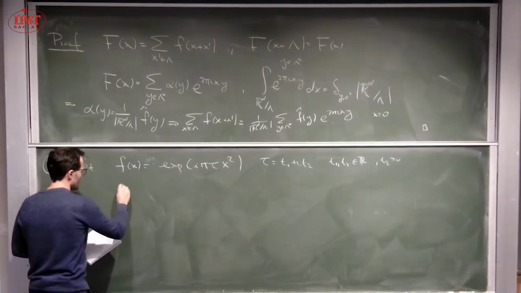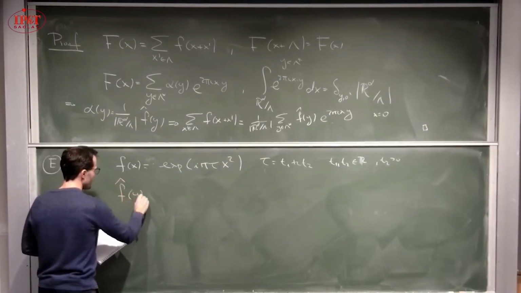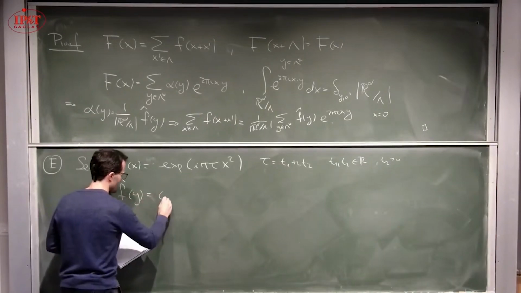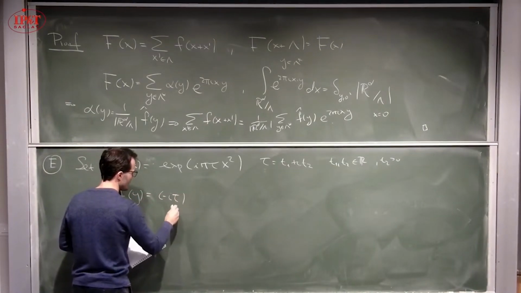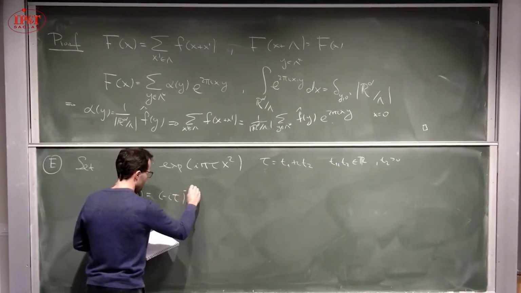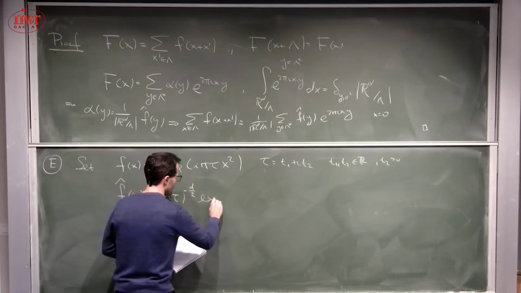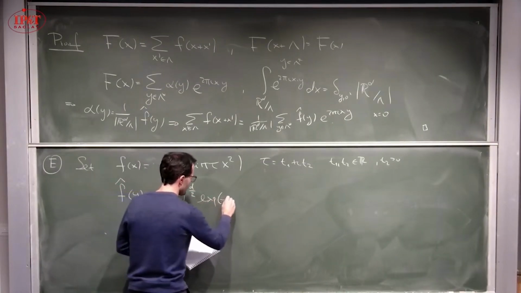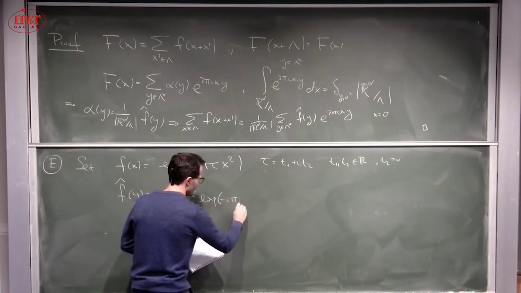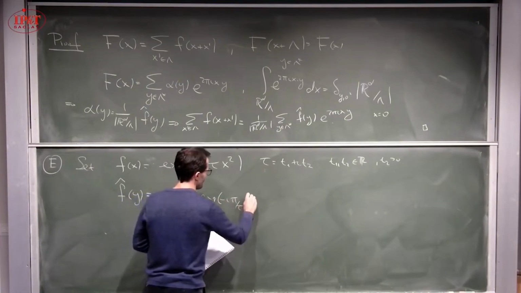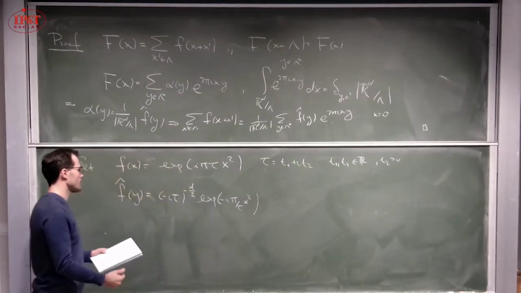And the Fourier transform of f is the following thing. It's minus i tau to the power minus d over 2, you can check quickly for yourself, times e to the minus i pi over tau x squared, so basically y squared.